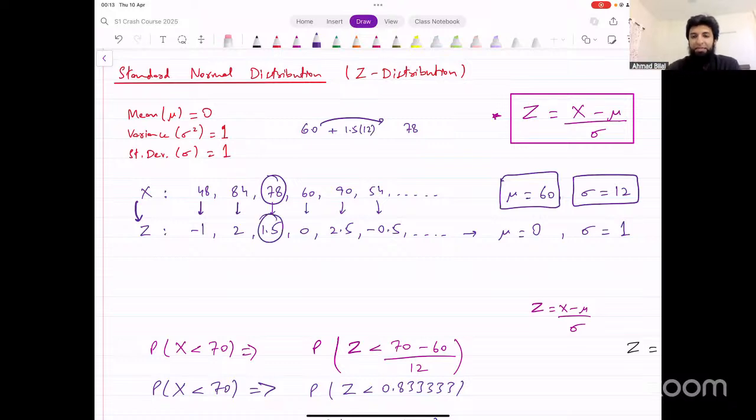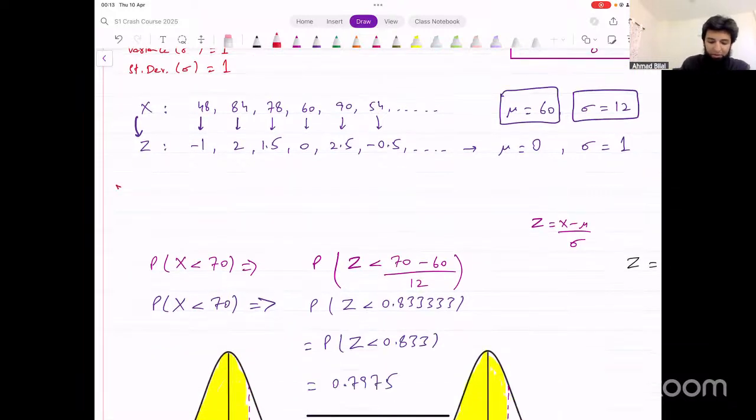So the z value has a specific meaning, and that is, let me write that down here.